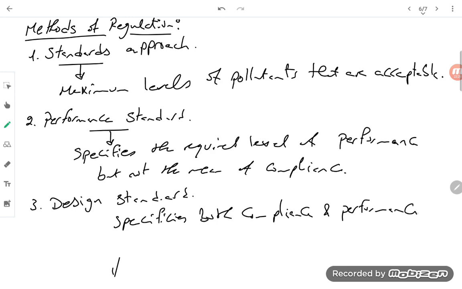So this means they announce the fixed amount of pollutant acceptable in the economy and how to achieve it, or the mechanism of achieving this amount. Okay, so sorry, this is number A and this is B.